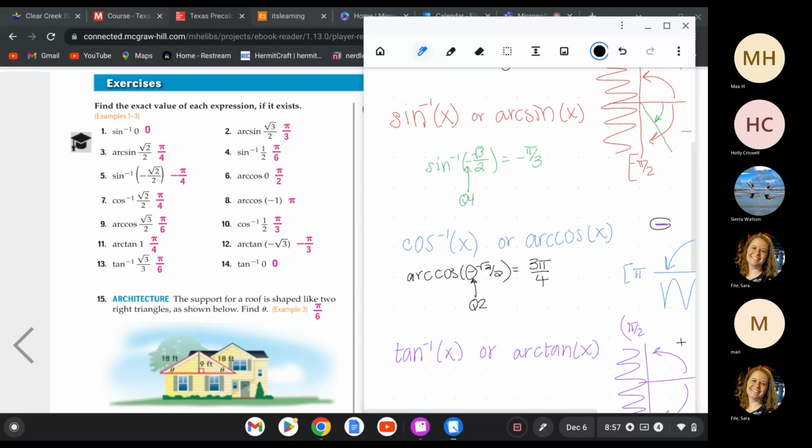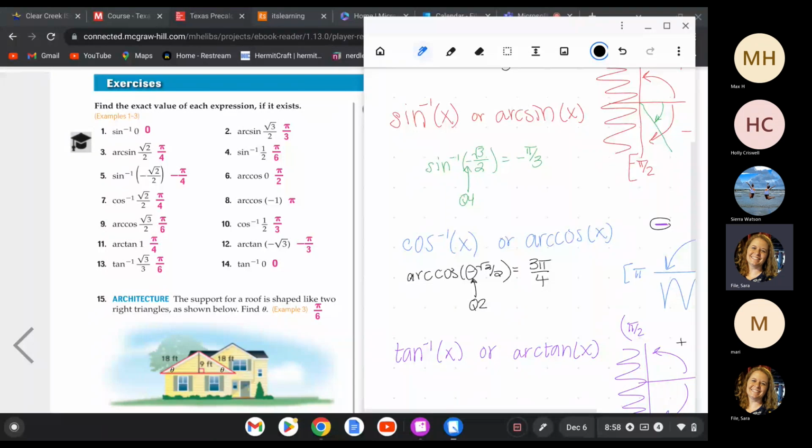Okay. So like number 3, arc sine root 2 over 2. At what angle is sine's value root 2 over 2? The fact that it's positive tells me it's quadrant 1, because it's got to be 1 or 4 for arc sine. So I know I'm in quadrant 1, and I know that it's root 2 over 2 at pi-4ths.